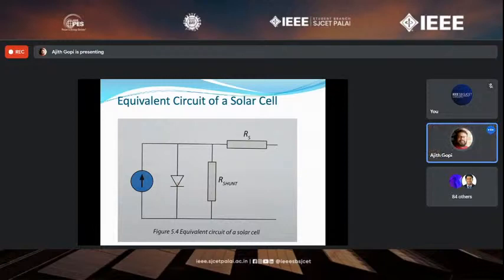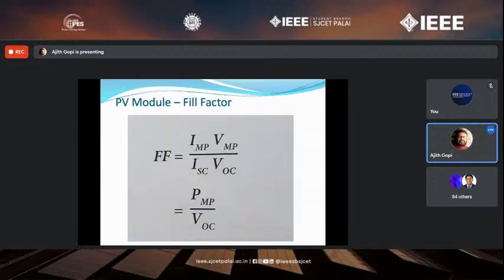I think most of the young engineers know about it. So the parasitic resistance because of the conductors is the series resistance, represented as RS. If you have more series resistance, your current will be less, so it's not good to have more resistance. And likewise, if your shunt resistance is lower, it is worse. So this is a representation of the equivalent circuit of a solar cell.